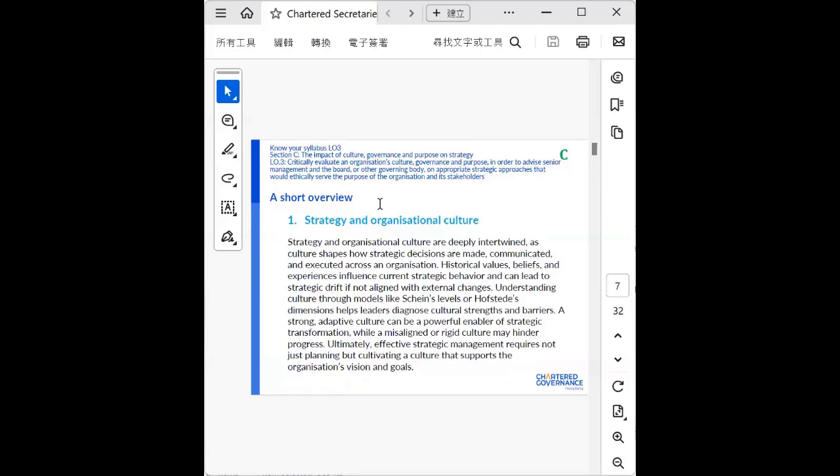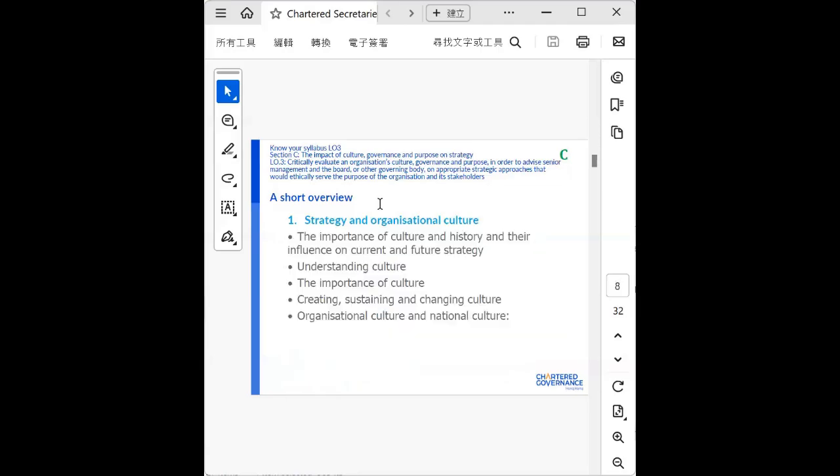The first one is organization and culture. Under this, we have five headings: the importance of culture, understanding culture, creating, sustaining, and changing culture, and organizational culture and national culture.